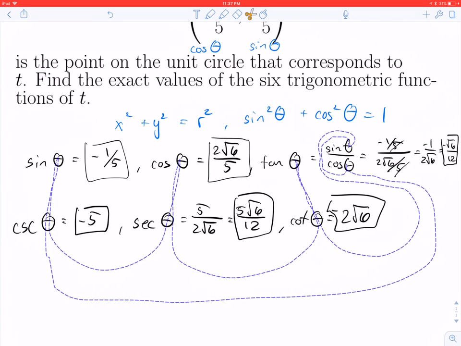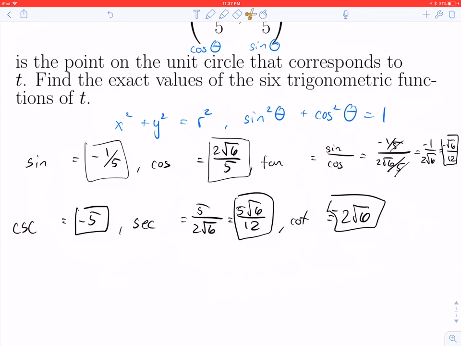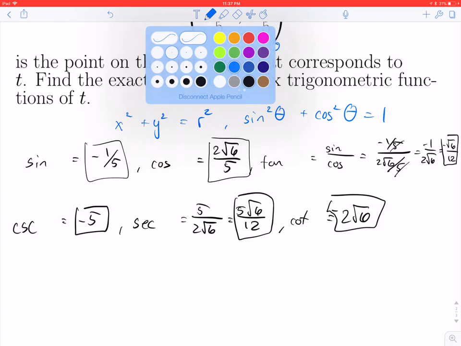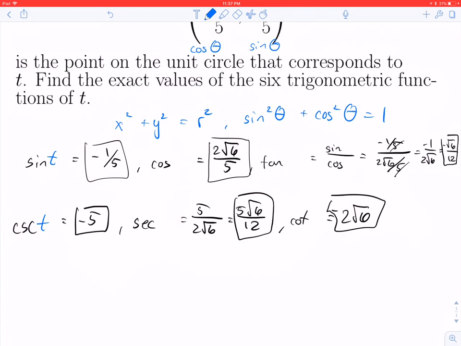I think I captured them all. I'm going to delete them, so all of those need to change to t's. We'll make that change. I just tend to use theta because it's easier for me to see and keep track and have an idea of what I'm talking about. Okay, so this is my claim.